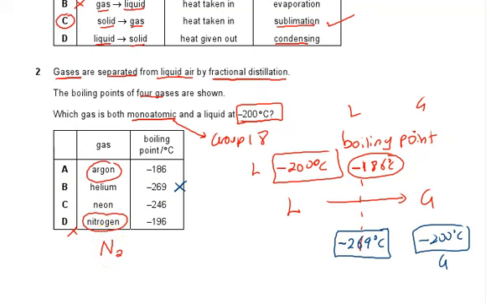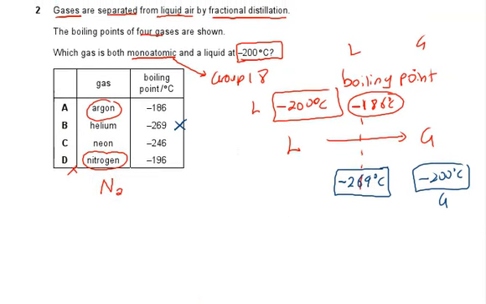Neon has a boiling point of negative 246. So let me write here negative 246. Following the number line, negative 200 will be here, which is higher than the boiling point. So neon also has gas as its state of matter. So the only answer that we have here is argon. So 2 is A.